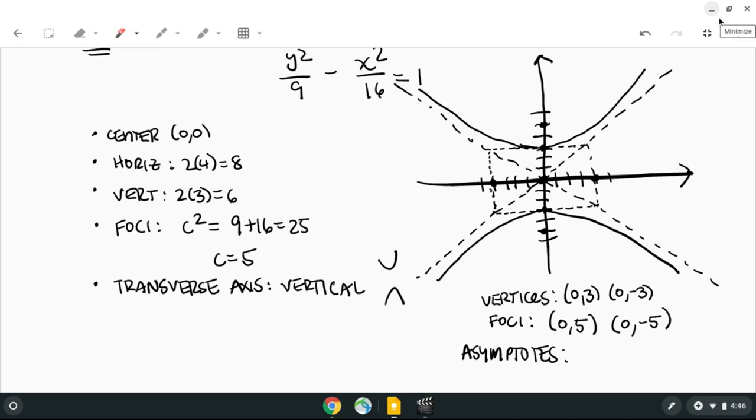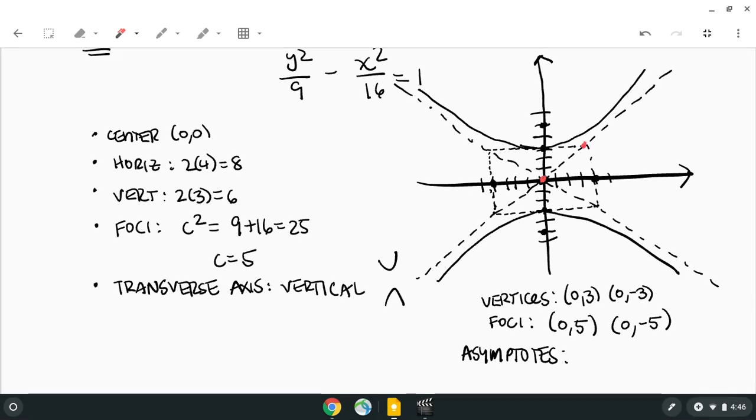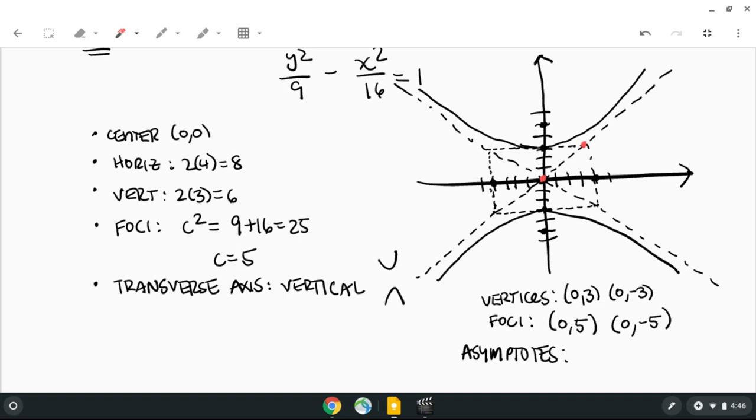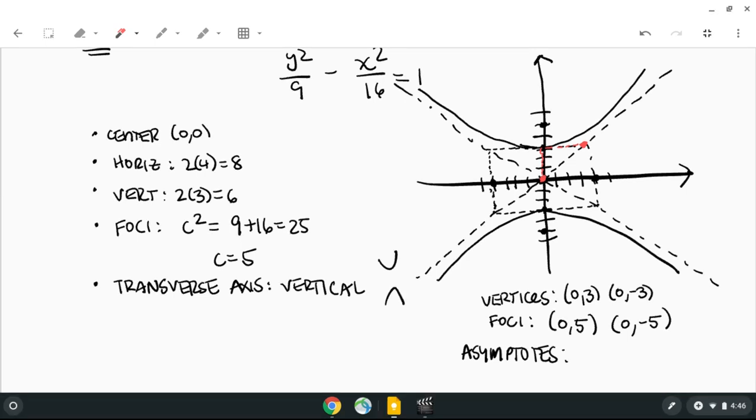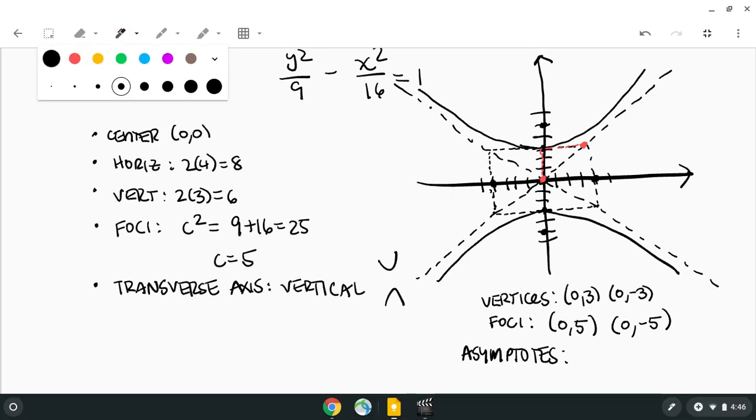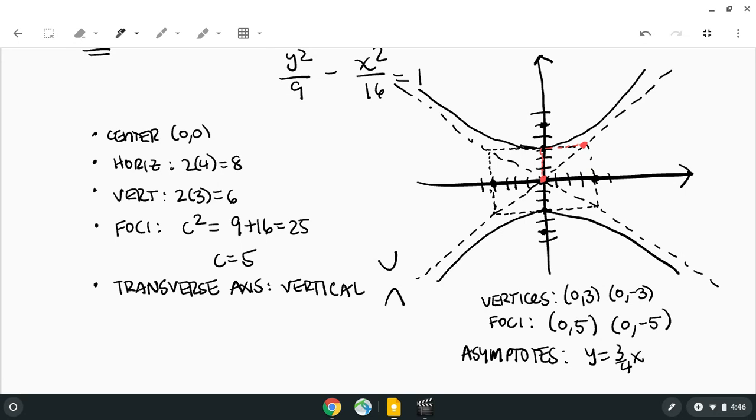I'll use this point, and I rise 1, 2, 3, run 4. So 3 over 4. So y equals 3 over 4 x plus b, but b is 0.